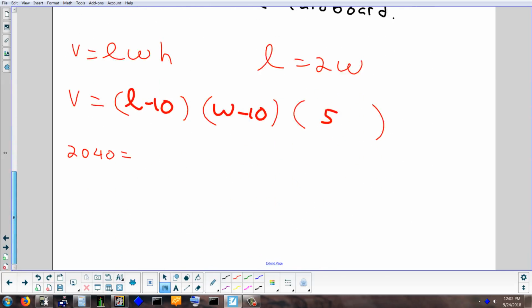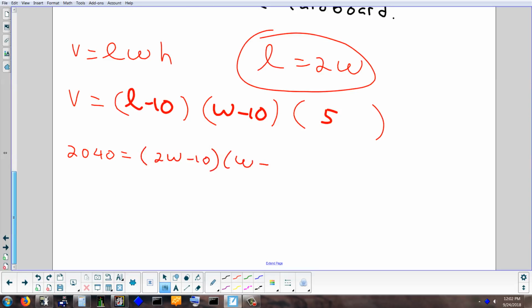How can we get rid of the L or the W? You've got to get rid of one of them and change it into an L or a W. So you only have one variable. Yeah. You can change the L to 2W. Exactly. They tell us the length is twice the width. So now, 2W minus 10, W minus 10, and 5.